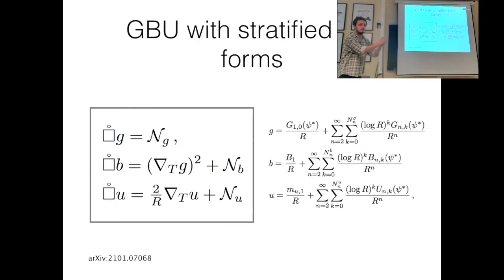Now, this any power of logarithm is really what matters here, and that's determined by this big N here, which we don't know until we specify more structure on these equations, and that's what considering GR will give us.